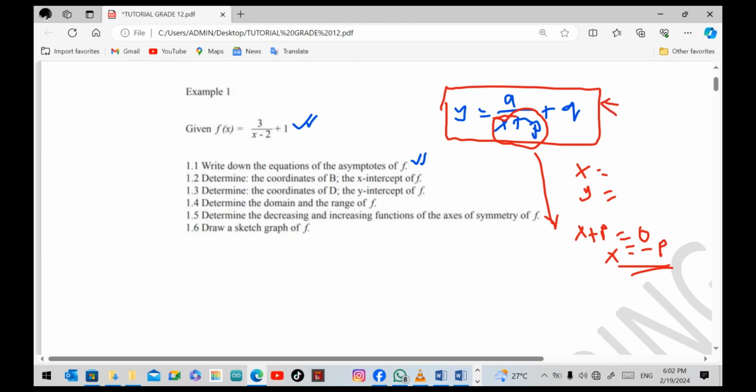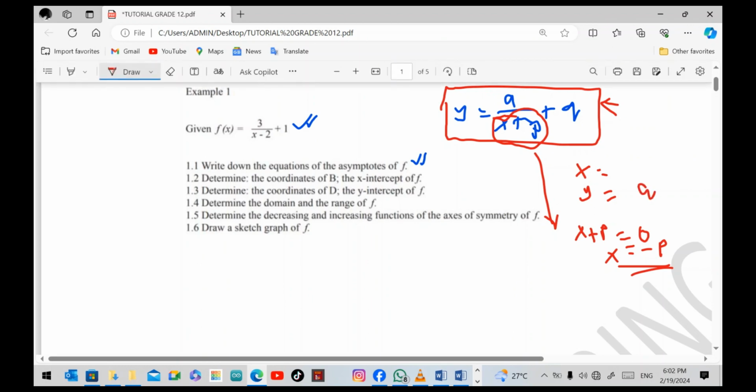Now let's find the y asymptote. The y asymptote is straightforward, we just pick q, right? So the y asymptote is q, and the x asymptote is negative p. So already, by doing this, you have got your y and x asymptotes here. Here the x asymptote will be x minus 2 is equal to 0, then x is equal to 2, right?